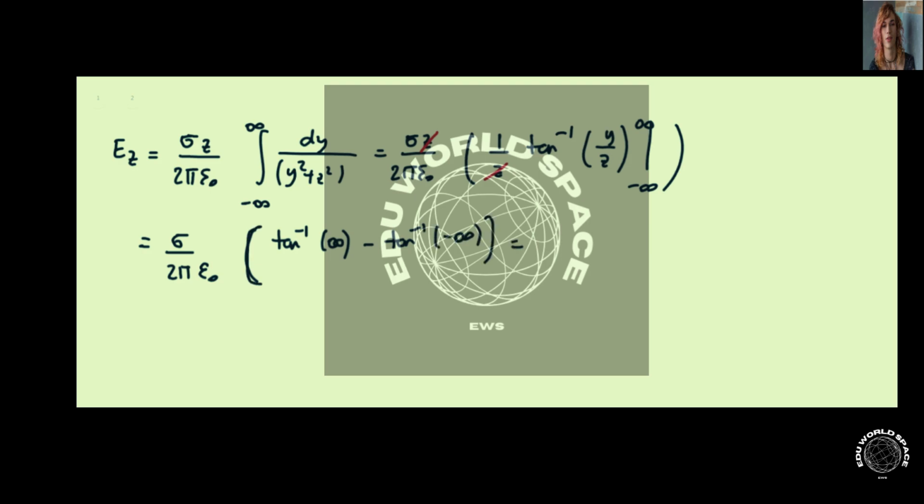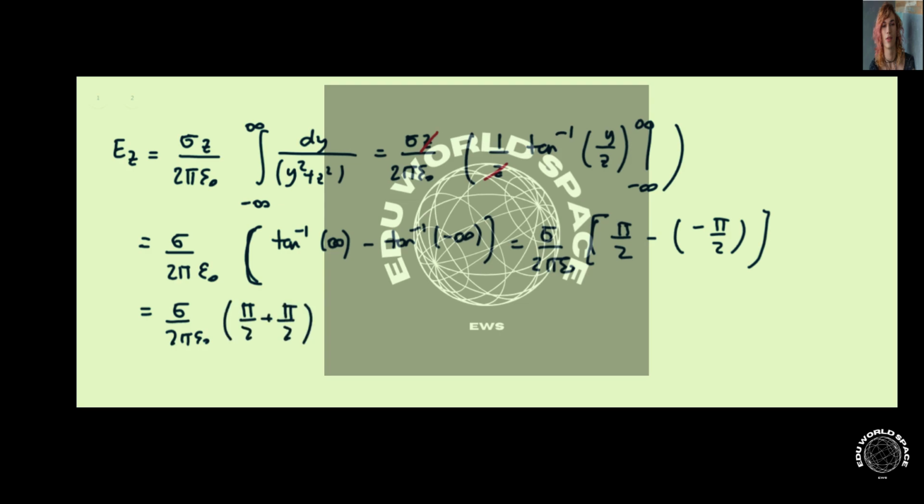As you know, the first term is going to give us pi over 2 minus negative pi over 2, right? So then what we have is sigma over 2 pi epsilon naught times pi over 2 plus pi over 2. So this makes a pi. This pi is going to cancel out the pi in the denominator. And ta-da, we have sigma over 2 epsilon naught for a plane charge distribution.